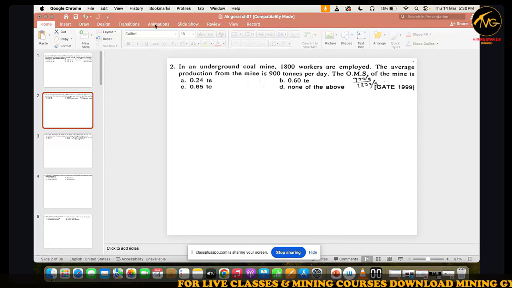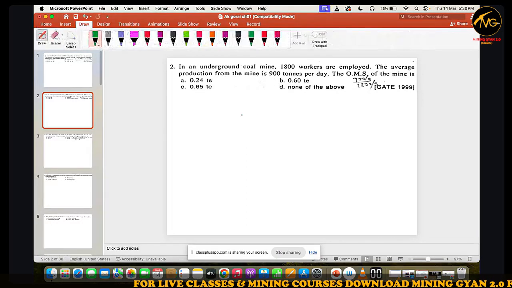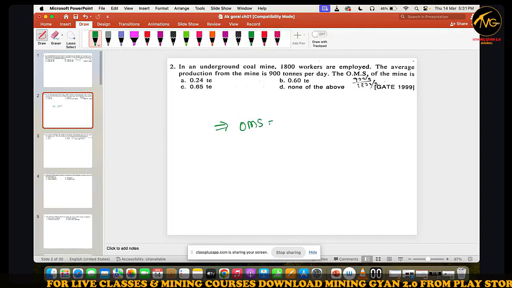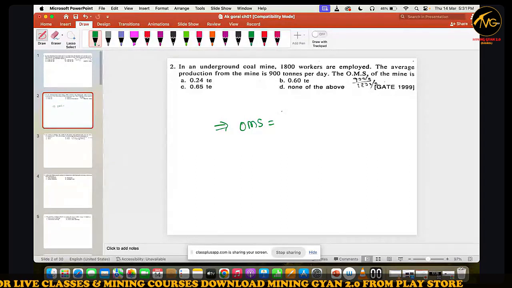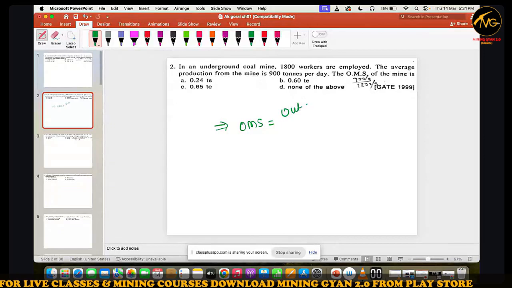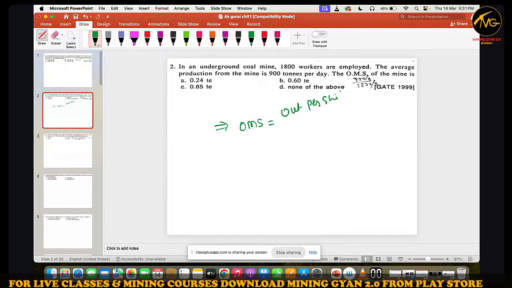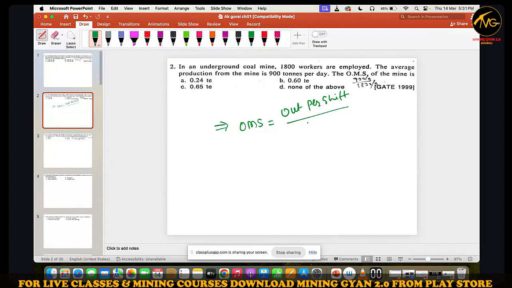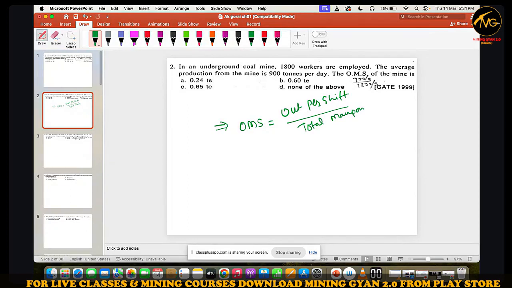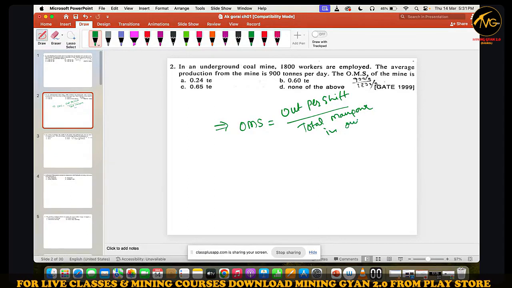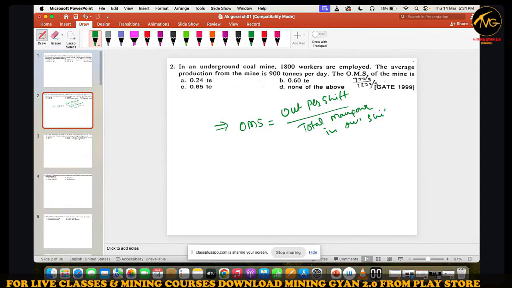So how will we solve? What is OMS? OMS is output per man per shift. So output per man per shift means output per shift divided by total manpower in one shift, because we are talking about one shift.